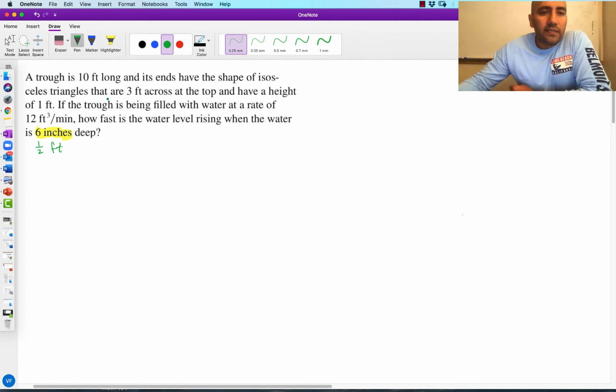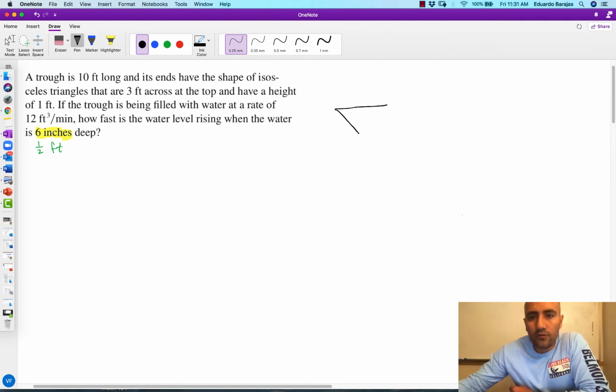Okay, a trough is 10 feet long, and it's got triangles for its ends. So it'll look something like this. Maybe have a triangle kind of coming down like this, and then this goes that way.